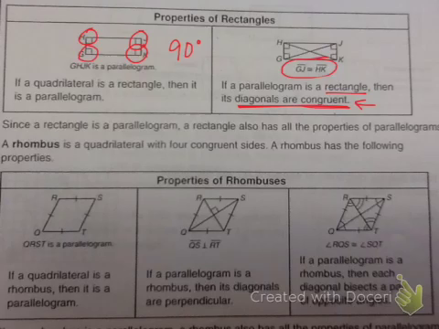Alright, let's jump to the rhombus shape. If it's a rhombus, the first thing we realize is that all sides are congruent, even the ones next to each other. So no longer do we just have the ones opposite each other congruent, we have consecutive sides congruent.